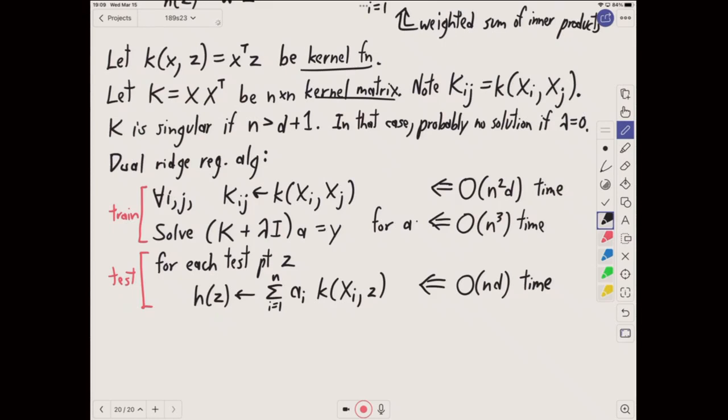Now again, I want to emphasize what we accomplished by plugging in this kernel function and this kernel matrix: now I've just written pseudocode that does not use the sample points directly. It only uses them in the form of inner products and the kernel function. So that's going to become important soon.